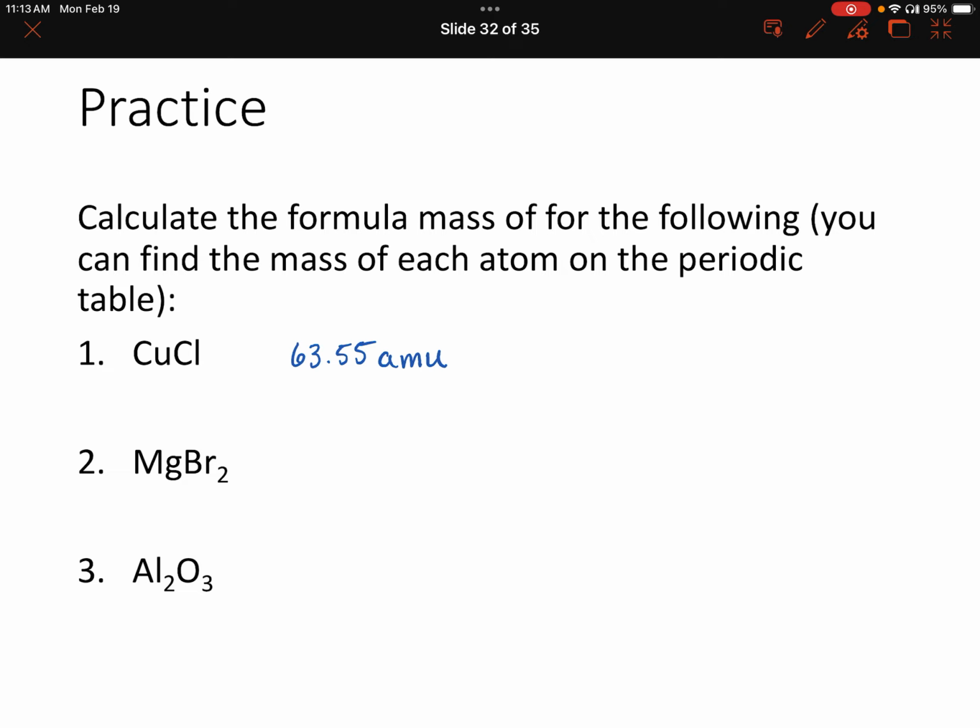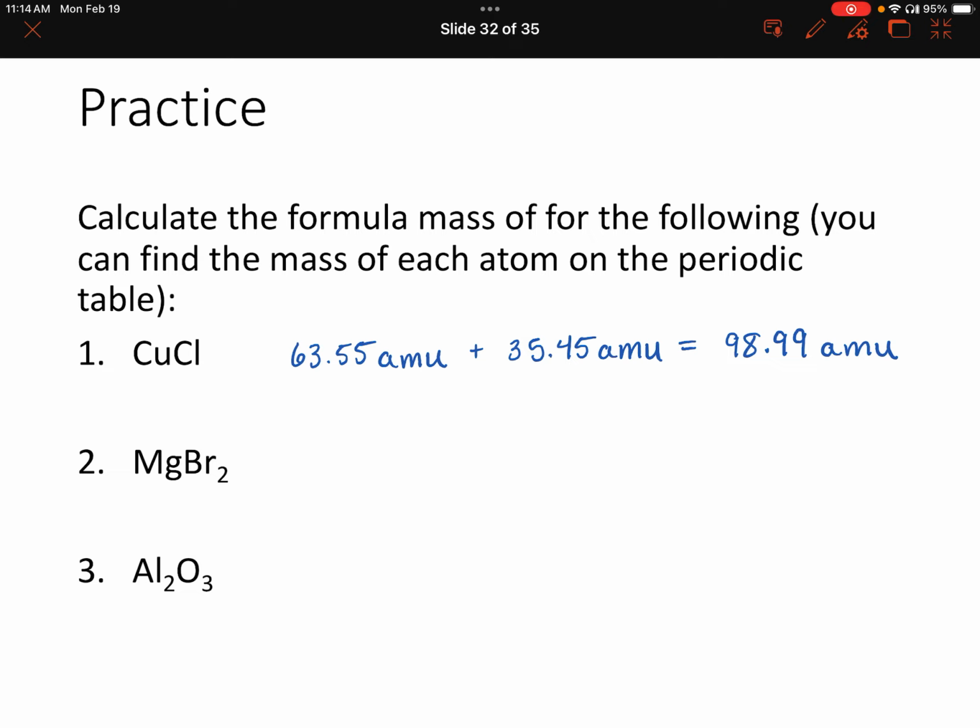And we only have one copper, so we don't need to multiply that by anything. And then we already saw that chlorine's mass is 35.45 atomic mass units. So we're just going to add those together. And my calculator gave me 98.99 atomic mass units. So hopefully you got the same thing.